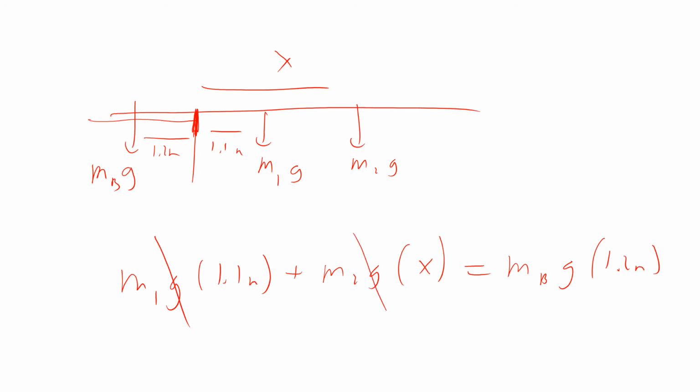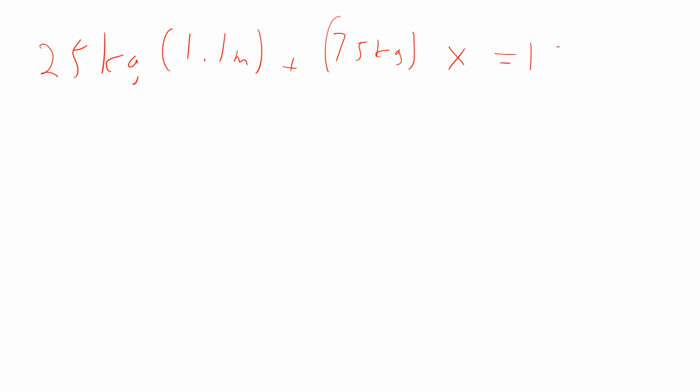Well, the g's all cancel. So if we plug in our numbers here, that would be 25 kilograms times 1.1 meters plus M2, 75 kilograms, times X equals 180 kilograms times 1.2 meters.